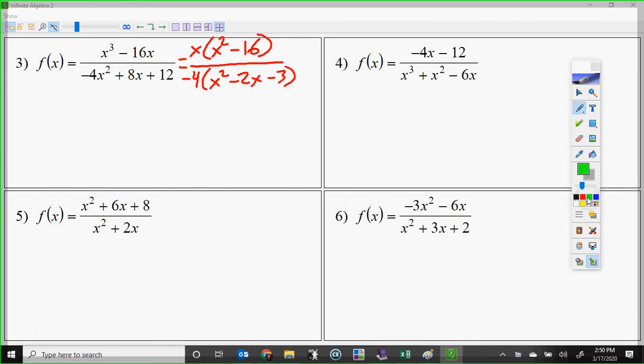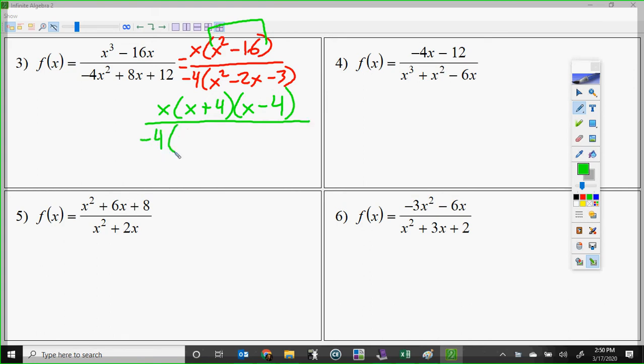Now, hopefully we remember that this right here is a difference of squares, which means I can factor that into x times (x plus the square root of 16, which is 4)(x minus 4), all over negative 4.